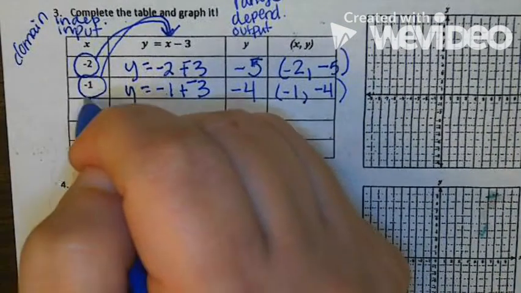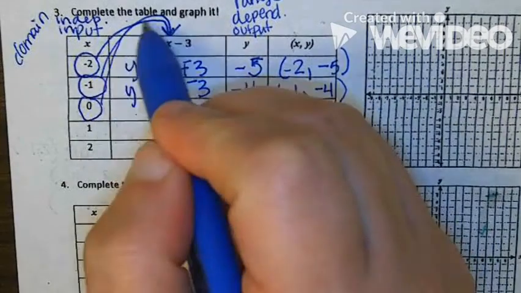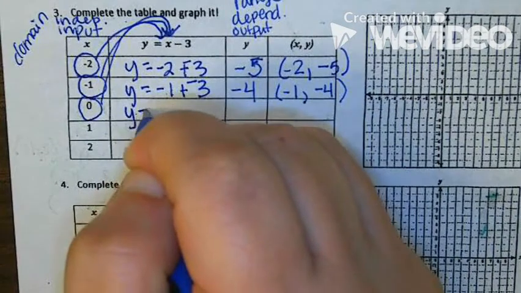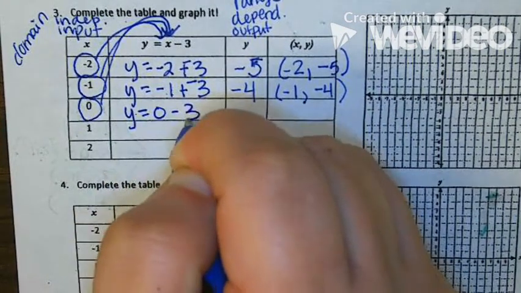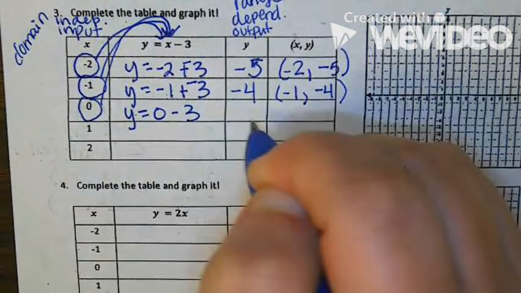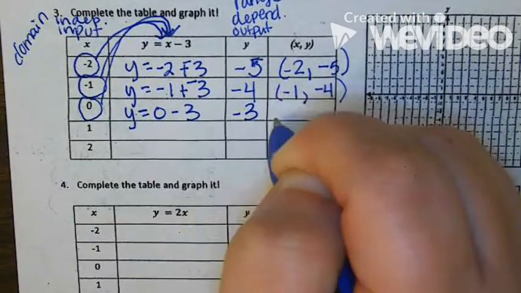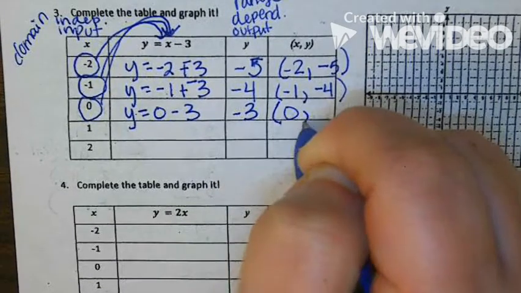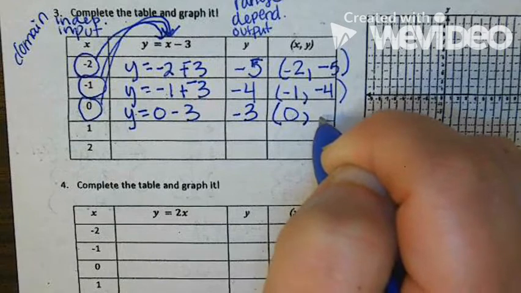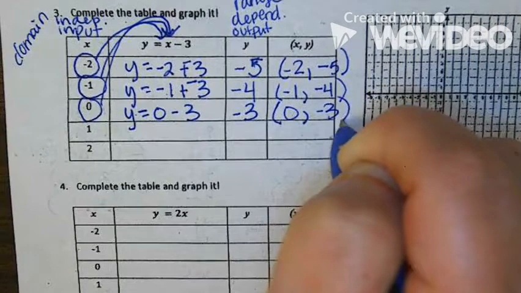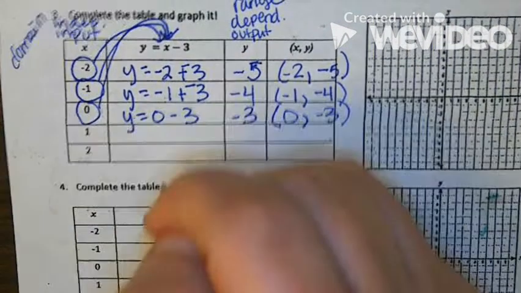Now our next one, 0. If I plug in 0, y equals 0 minus 3. 0 minus 3 is -3. When x is 0, y is -3. Let's try the next one.